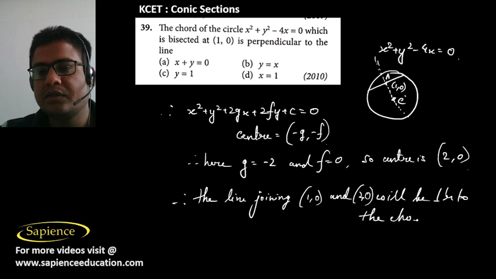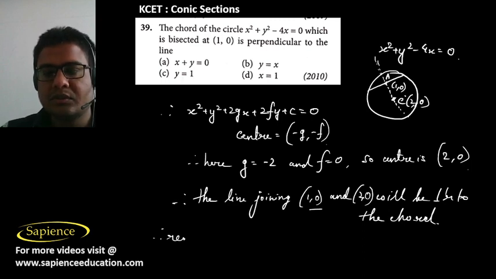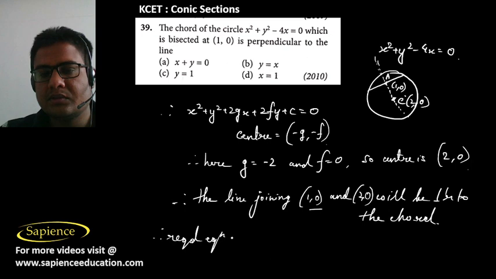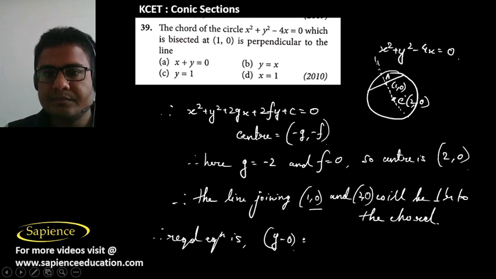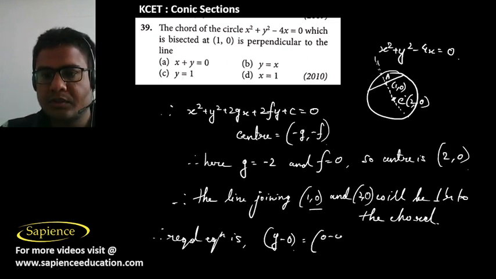So simply we need to find the equation of the line which joins the points (1, 0) and (2, 0). The required equation is y minus y1 equal to (0 minus 0) by (2 minus 1) into (x minus x1).